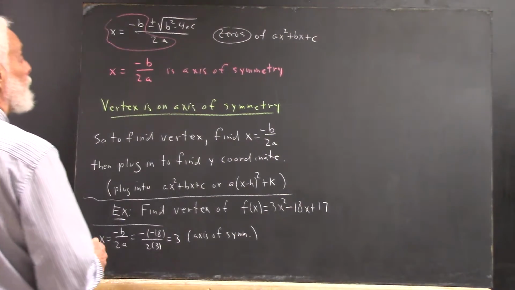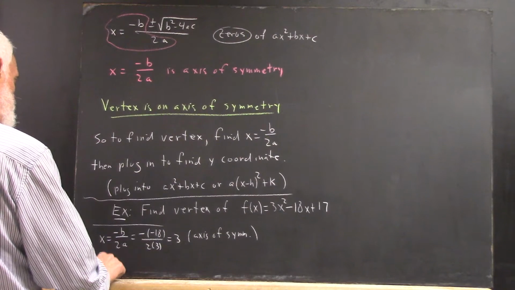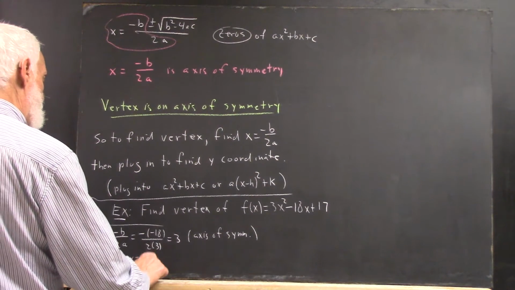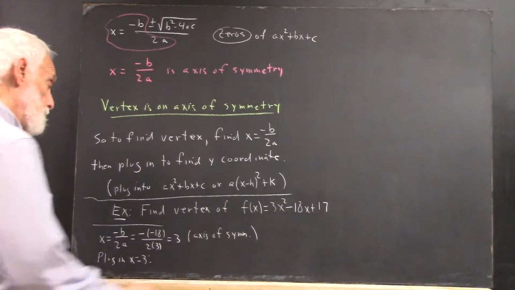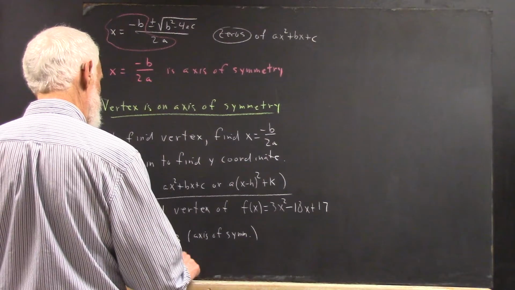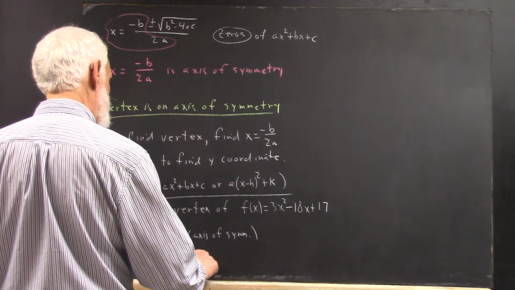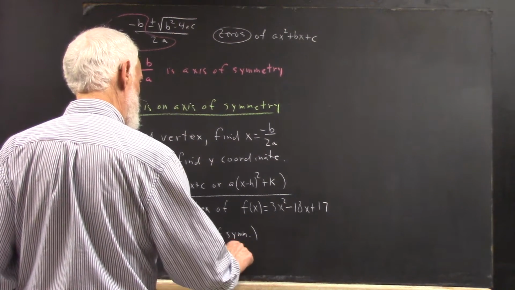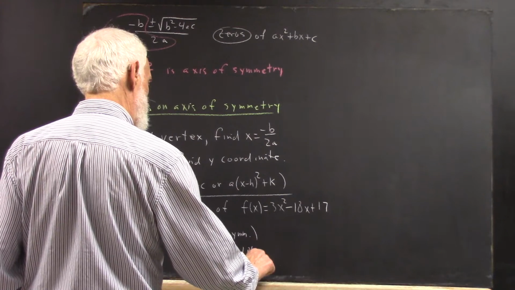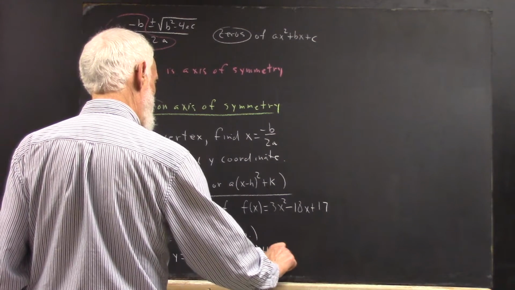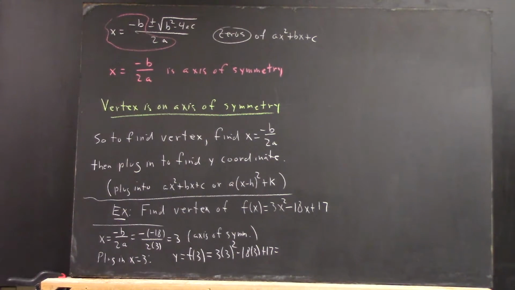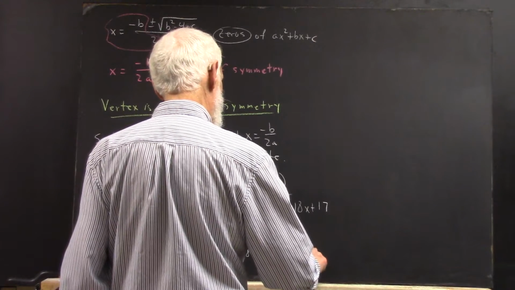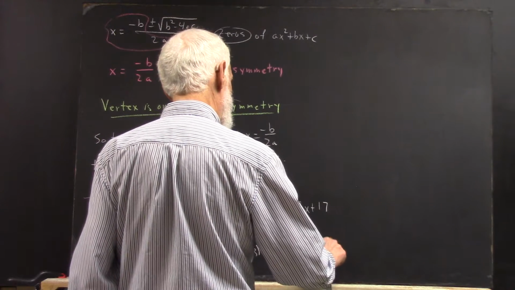Then plug in x equals 3. Plug it in. Do the arithmetic, you get 27 minus 54 plus 17.